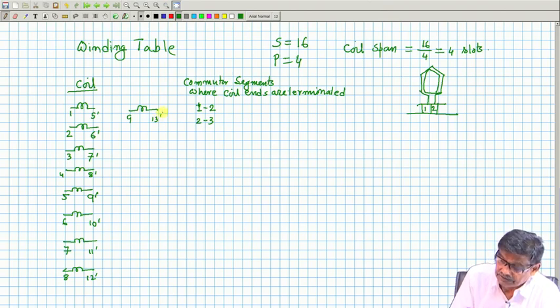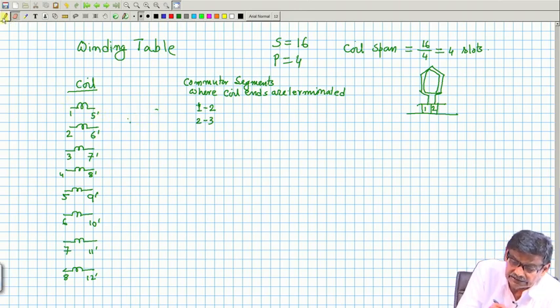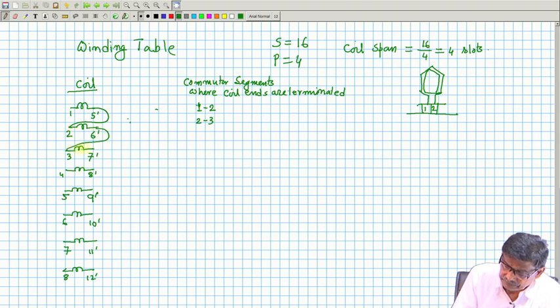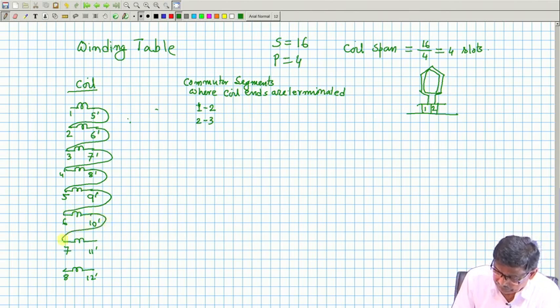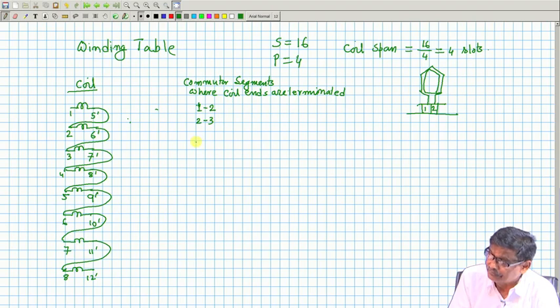Actually, what will happen is this. Anyway, up to this point I will just do. And all these coils are connected in series. And continued like this, so it is 1 2, 2 3, then 3 4, like that.